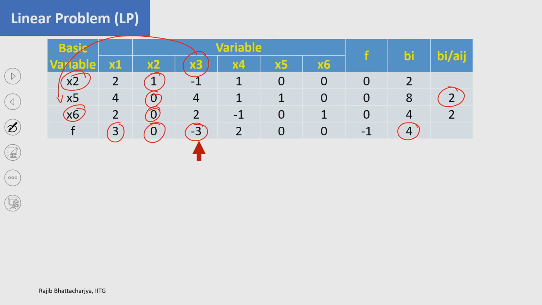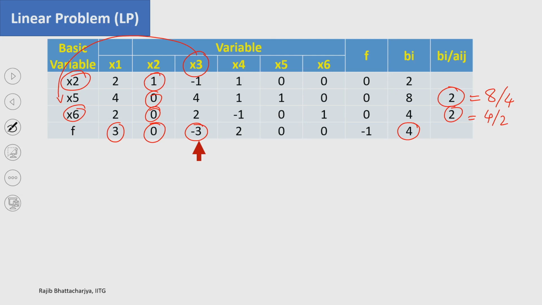So, here this is 8 by 4, that means 2, and here it is 4 by 2. So, that is 2. You just see both are equal. So, if both are equal, as per the rule you should take the minimum one. When both are equal, you take one of them. Okay.